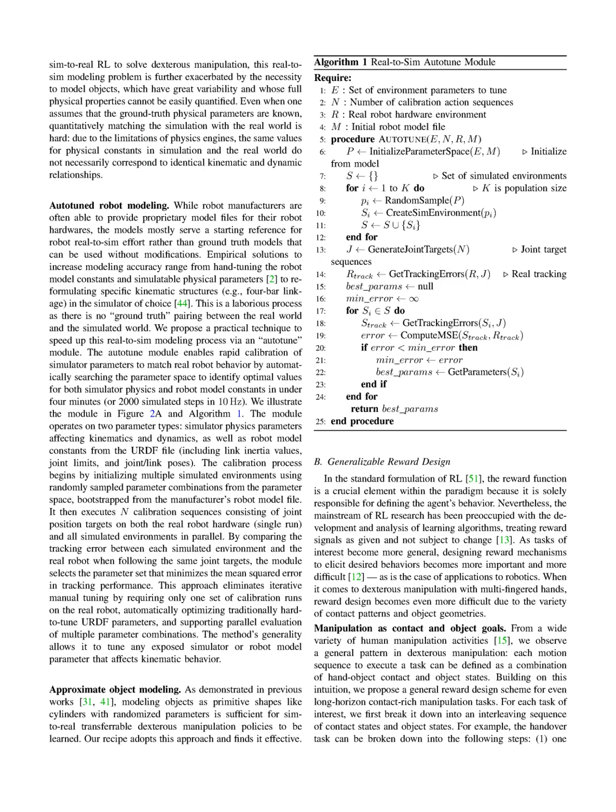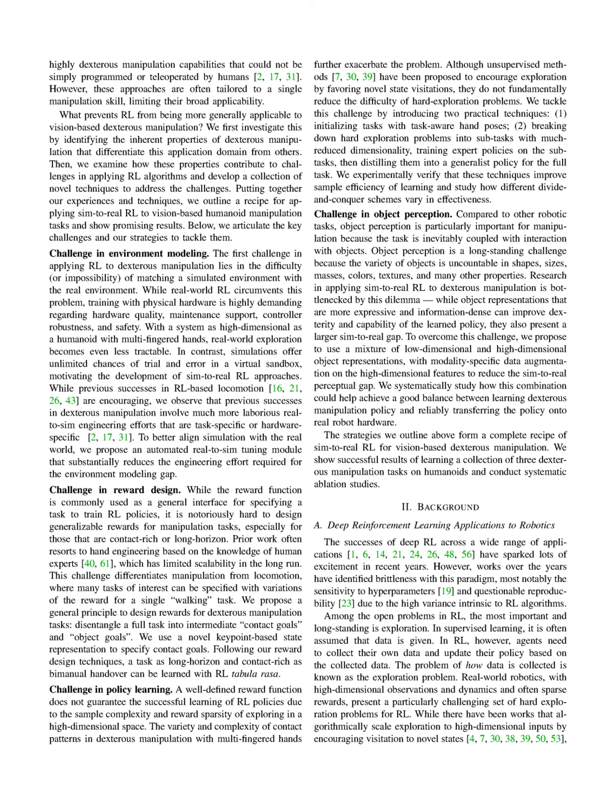Specifically, it tackles the real-to-sim modeling gap by introducing an automated tuning module that calibrates simulator parameters to match real robot behavior, thereby reducing engineering efforts. Additionally, it proposes a novel reward design that disentangles tasks into intermediate contact goals and object goals, facilitating the learning of complex, long-horizon tasks.